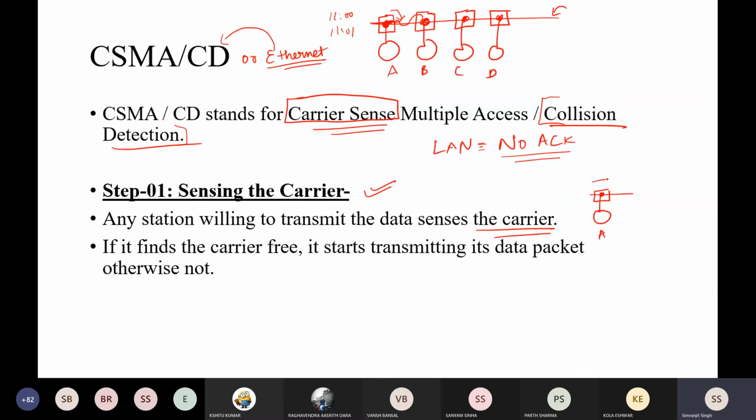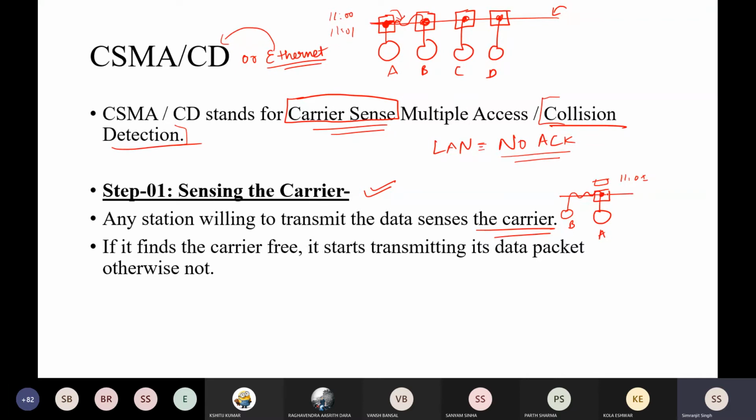So it will start placing its packet onto the link. Otherwise, if this particular link is busy, suppose from station B, when you sense the carrier, there are some signals going on from there. Suppose at 11:01 you checked the station, and at that same time one signal is going on from here.